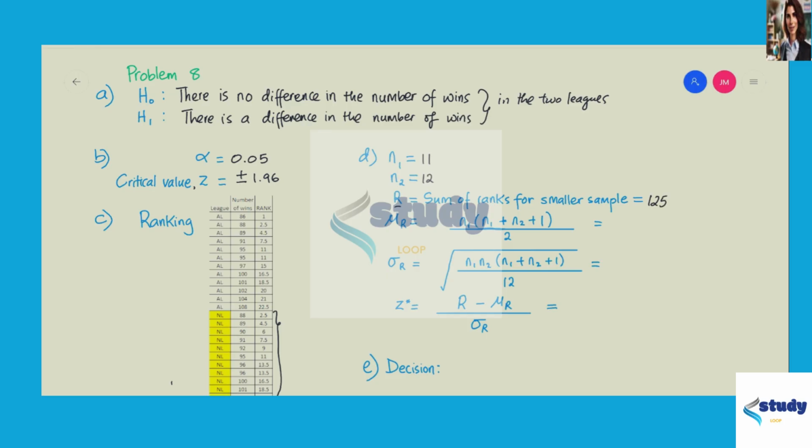Next, we get mu R from substituting the values of n1 and n2 into the formula, and that yields 132. Sigma R is obtained by substituting the values into the formula, and we get 16.24.